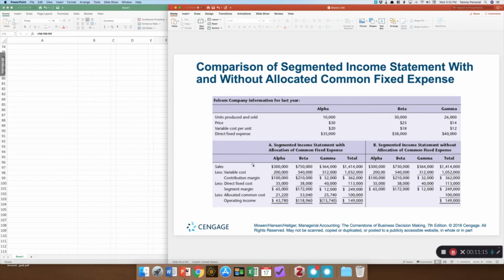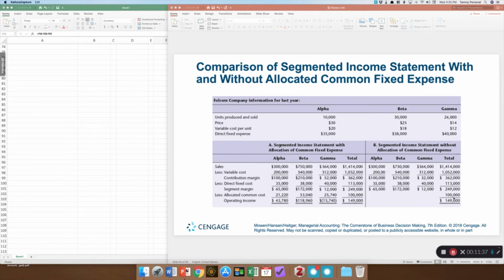Okay, so what you need to look at here, right, we've got all of our direct fixed expenses assigned to gamma and alpha and beta, etc. And then they allocate, as we were taught to do when we're figuring out unit costs, right?